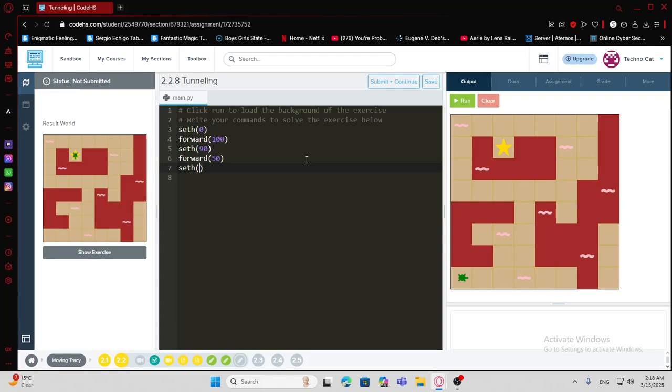And then we're going to have her face the right again, and then move another 50, and then face up again, and then she should be in this tile, so 50, 100, 150.